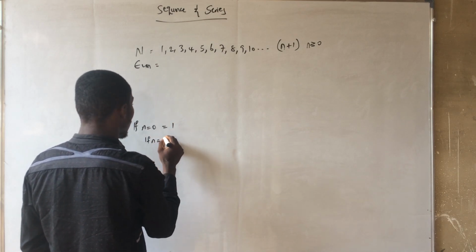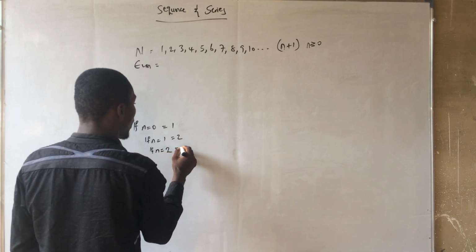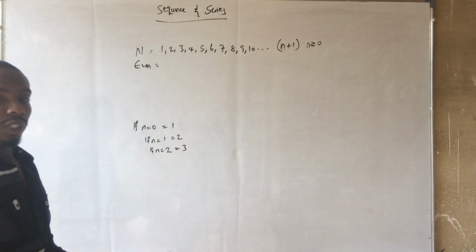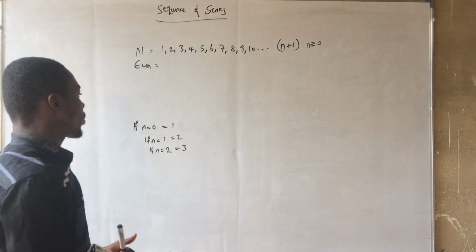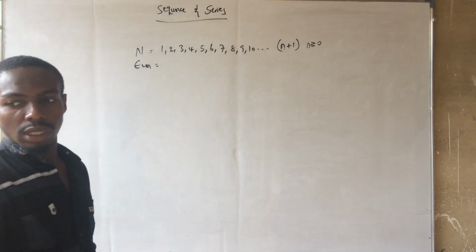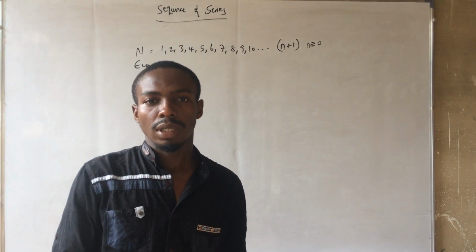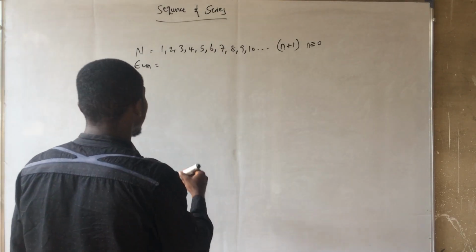If n is equal to 1, we'll have 2. If n is equal to 2, we'll have 3, and so on and so forth. If n is equal to 3, you have 4. If n is equal to 4, you have 5. So that is the normal way we form these natural counting numbers. So we go to even numbers.